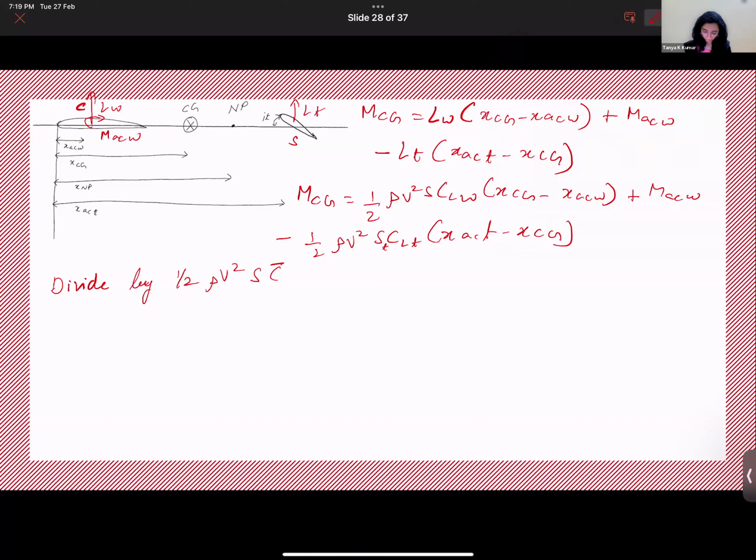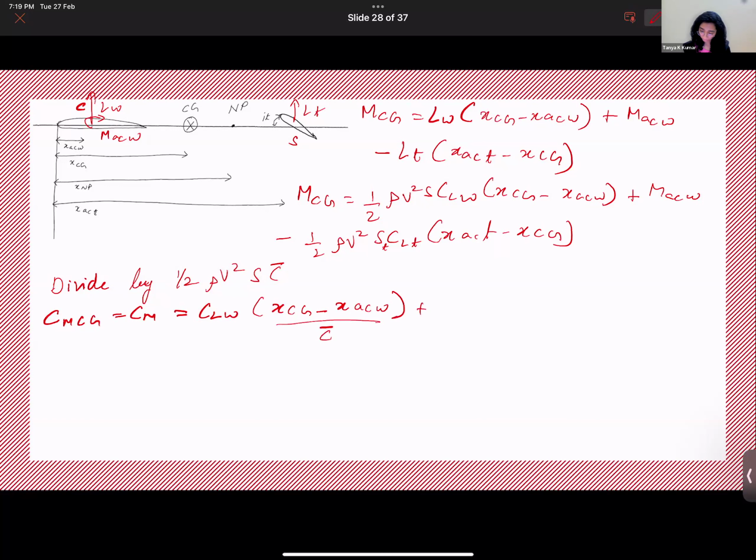What do you get? You get CMCG, so we can just write it CM. Hereafter we'll refer to it as CM, is what comes here. You get CL wing by XCG minus XAC wing by C bar.